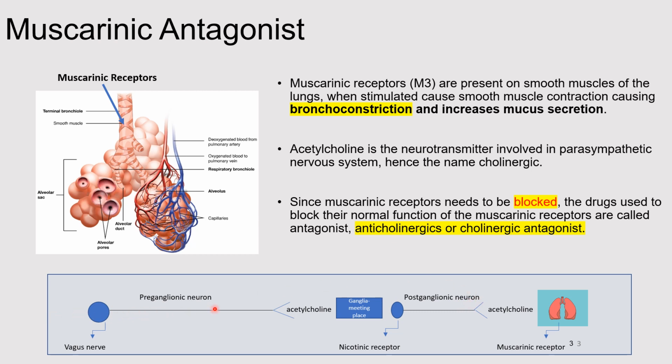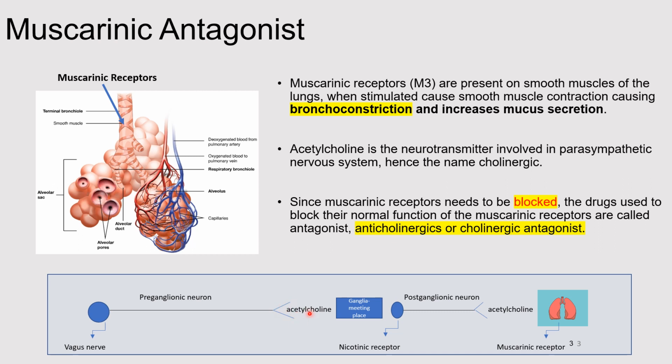The preganglionic neuron in the parasympathetic nervous system that innervates the lungs arises from the vagus nerve, which is one of the cranial nerves.